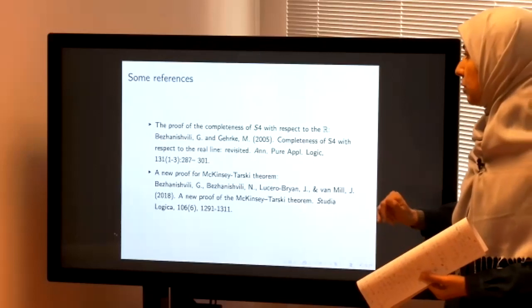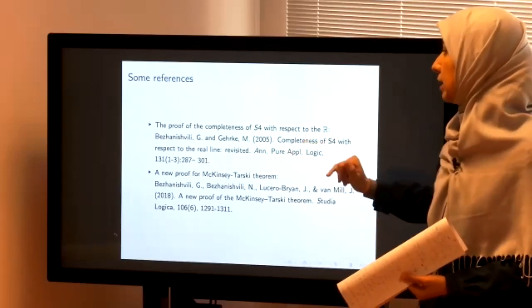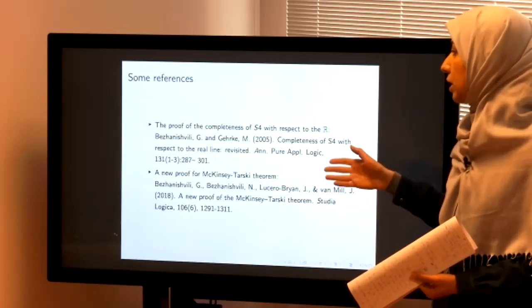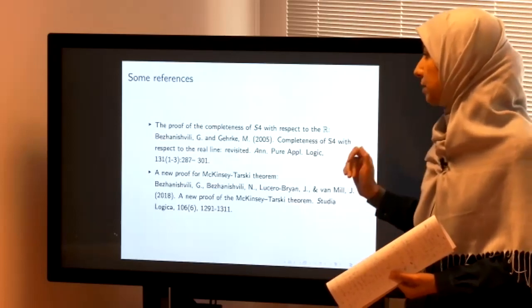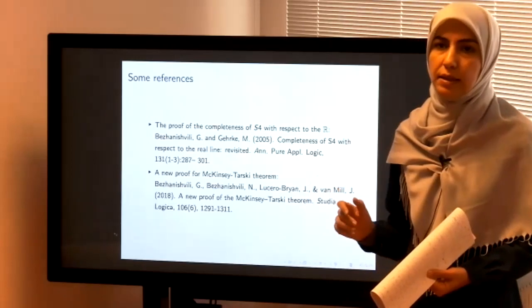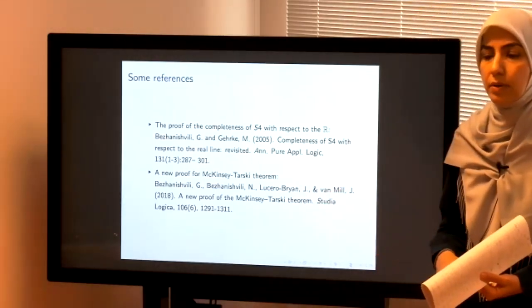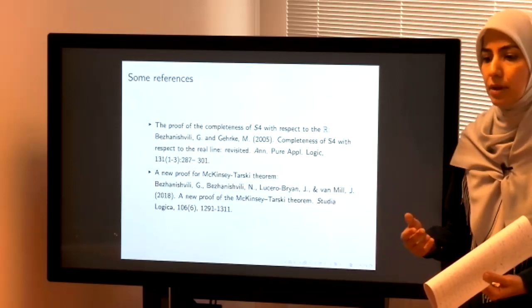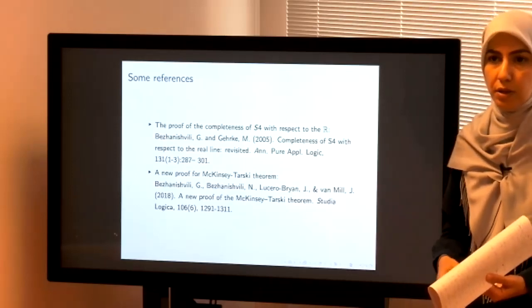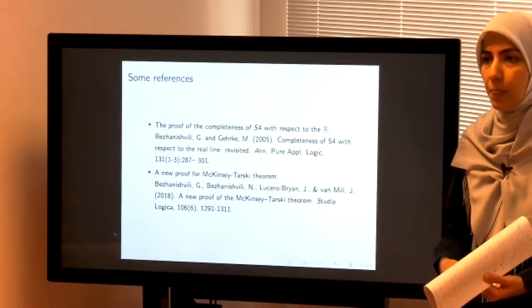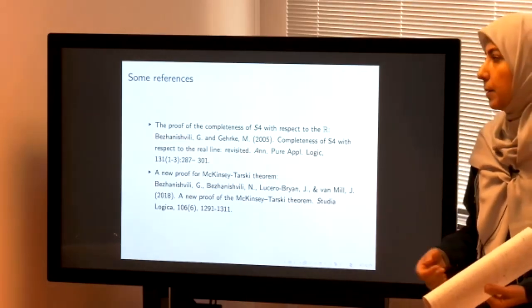For that, I'm using these references. For completeness of S4 with respect to the real line, there are at least three different proofs. One is the version of the McKinsey theorem, I mean the proof that they proposed. There are two other ones.